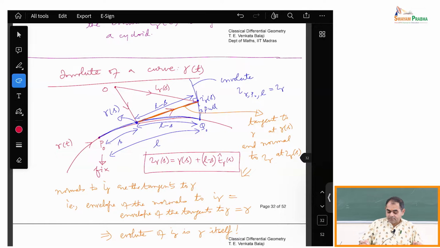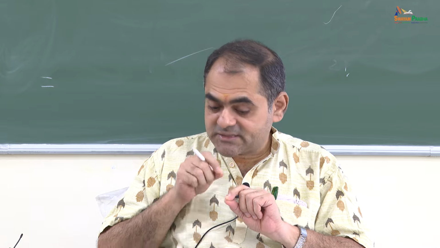But there is a small catch here. The catch is that in this formula, you must notice that the way I have drawn the involute, its starting point is q0.